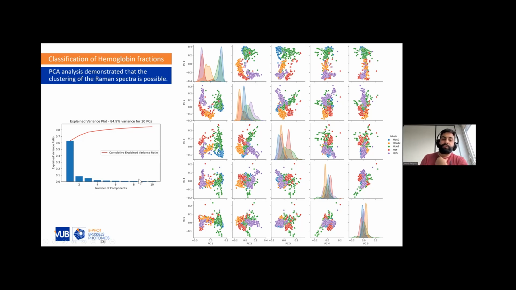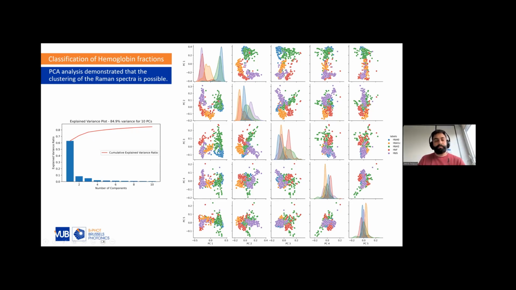So PC1 corresponds to the highest variation in my data. And if you look at this 5x5 grid for the first 5 principal components, you can see that in this side of the plot, you have a certain grouping, a certain way of clustering that slowly dies, and everything comes into one big cluster.